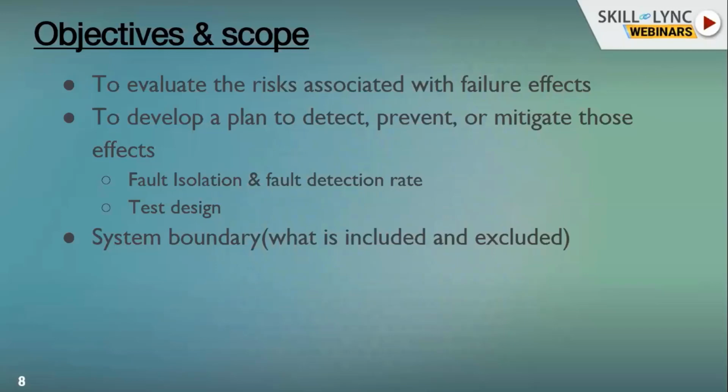And then the second one, test design, is quite common. That's what we use in general product design. When I have seen the design, I have identified the risk, and then we design accordingly how to test this product, and for this type of failure you try to stimulate that failure.